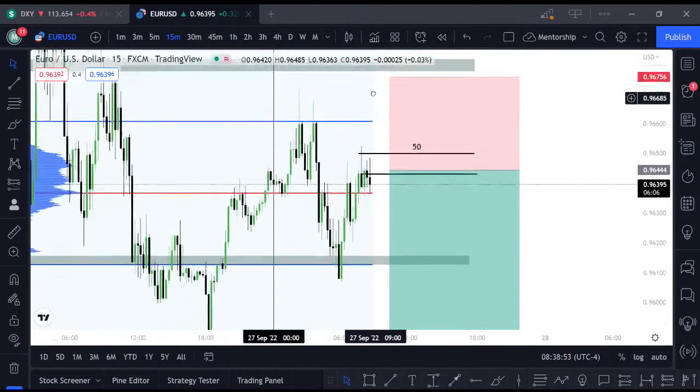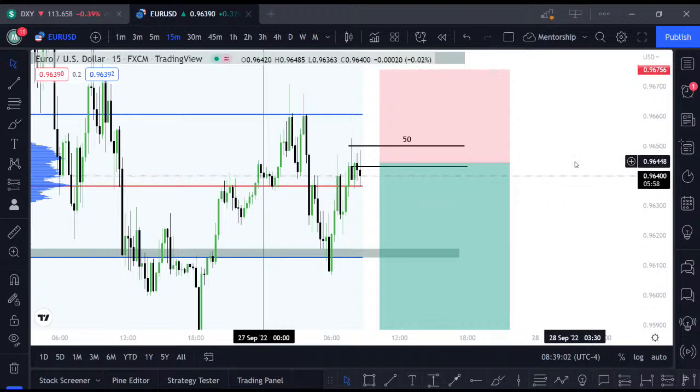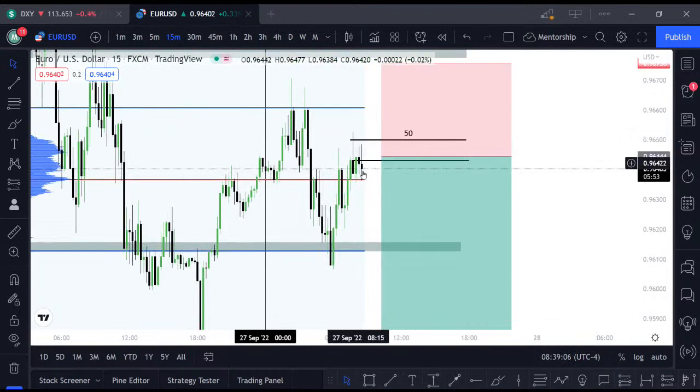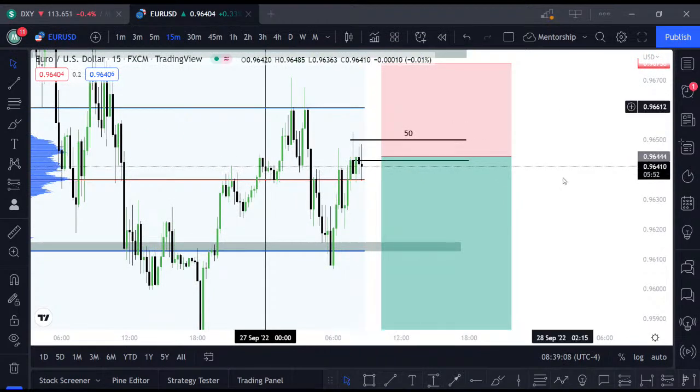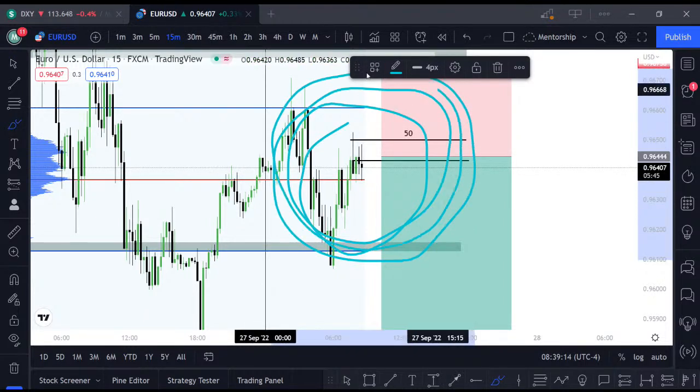Let's come back to the euro dollar here. Let's come back to business. This level is becoming decisive, this level here.